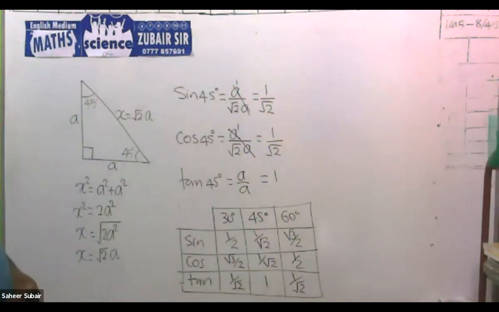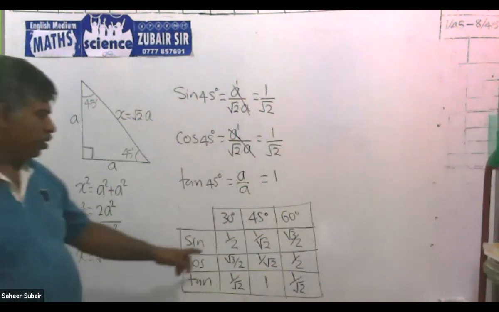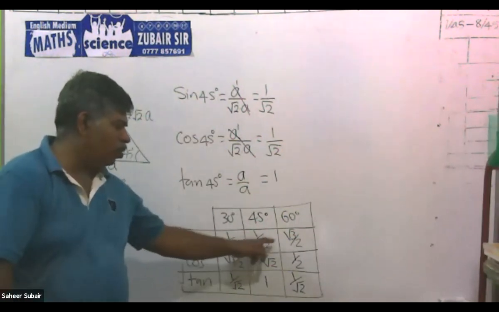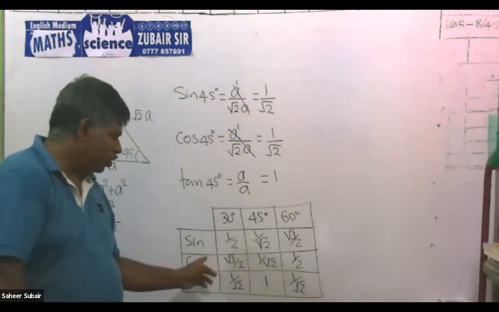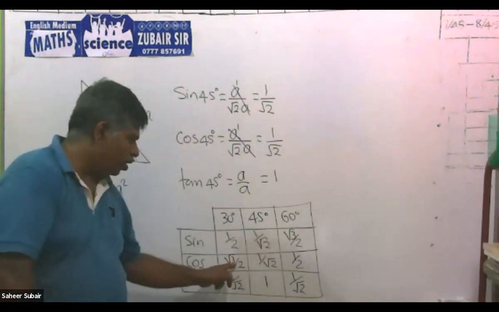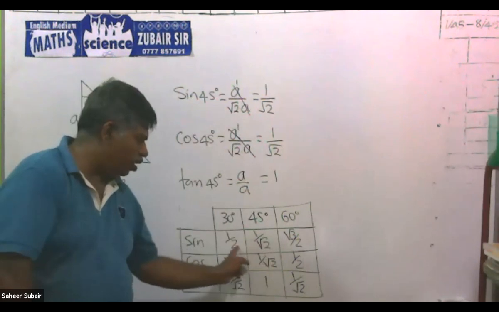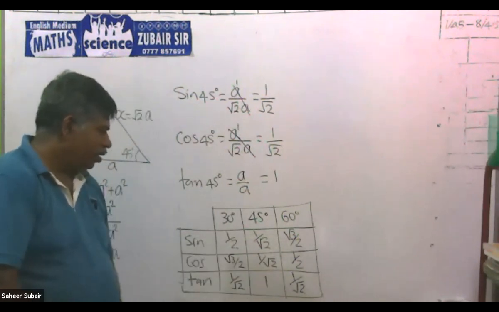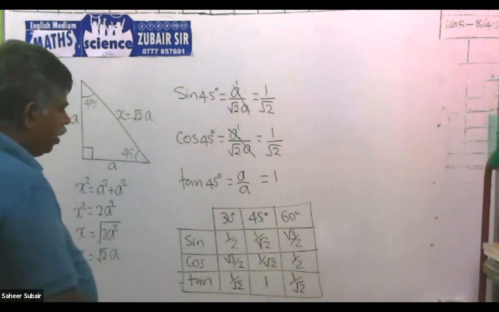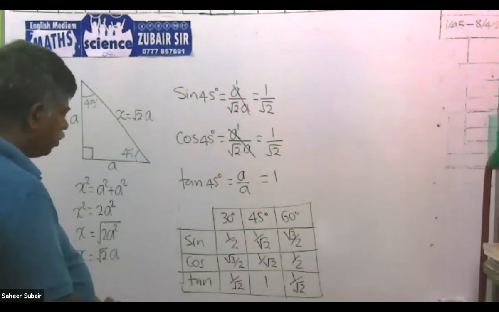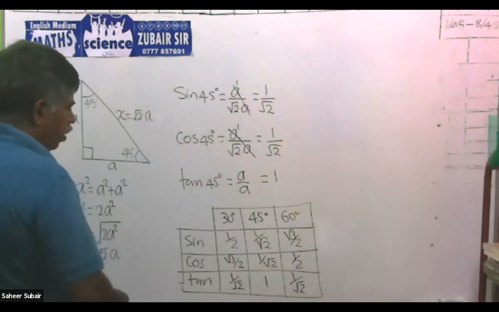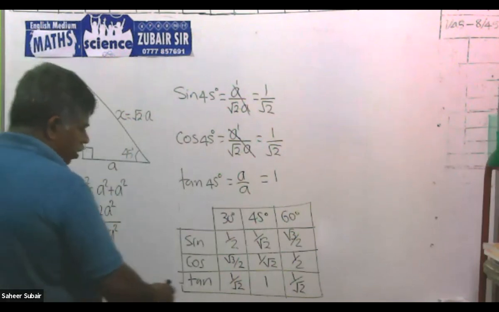So this is the summary of values of these angles. Sine is half, 1 over root 2, root 3 over 2. Cos is the opposite way: root 3 over 2, 1 over root 2, half. Right? Tan is, tan 30, 1 over root 3.